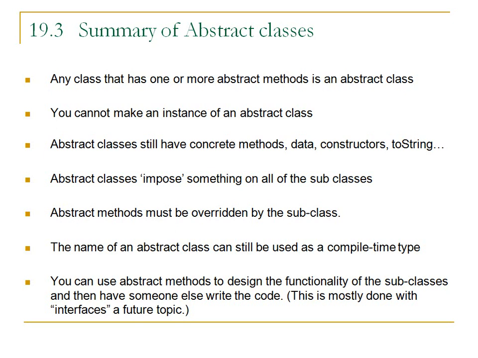They impose that the abstract methods must be overridden by the subclasses. And you still get to use the name of the abstract class as a compile time type. So we made a method that you could pass in an animal, even though you could never actually have an instance of animal, because that class is now abstract.